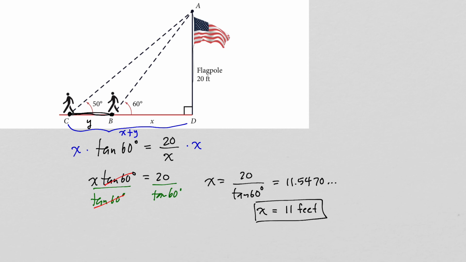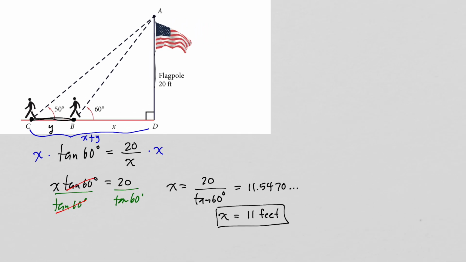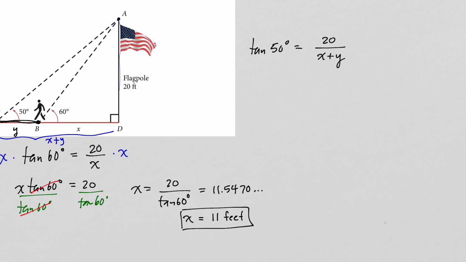And now if we look at the larger right triangle, we have an angle 50 degrees, we have an opposite side of 20, and we have an adjacent side of x plus y. So from that, we know that the tangent of 50 degrees is equal to the opposite side 20 divided by x plus y. And in this case, we need to know what is x plus y.